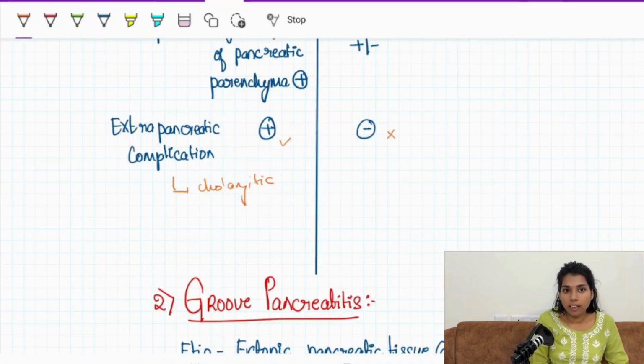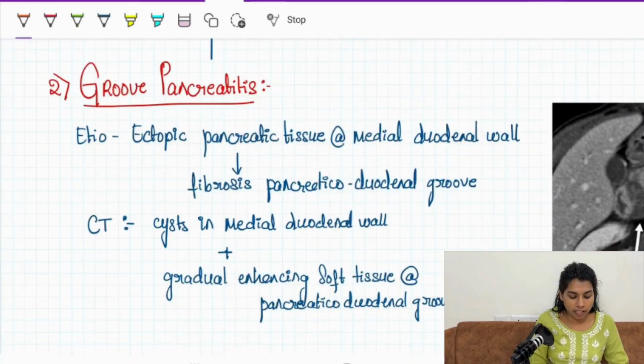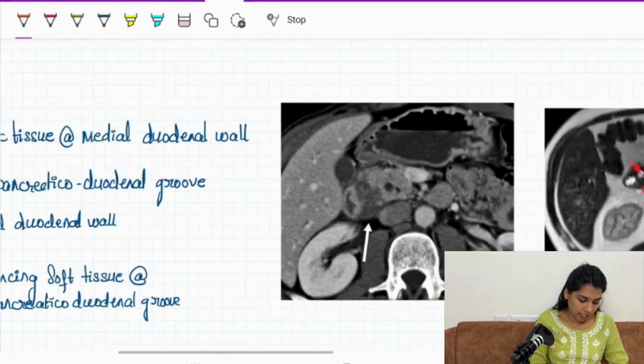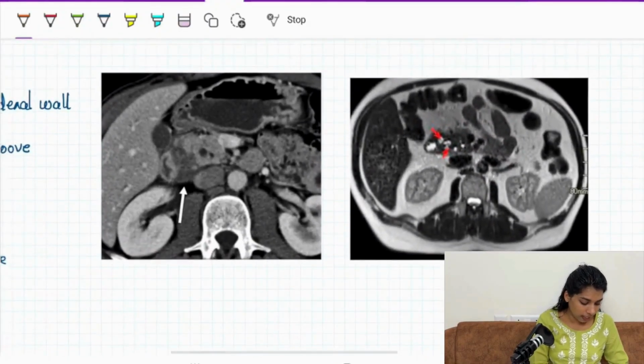Now that we are done with autoimmune pancreatitis also, we'll move towards one of the most commonly asked spotters, that is groove pancreatitis. Groove pancreatitis is a condition where there is ectopic pancreatic tissue in the pancreaticoduodenal groove.